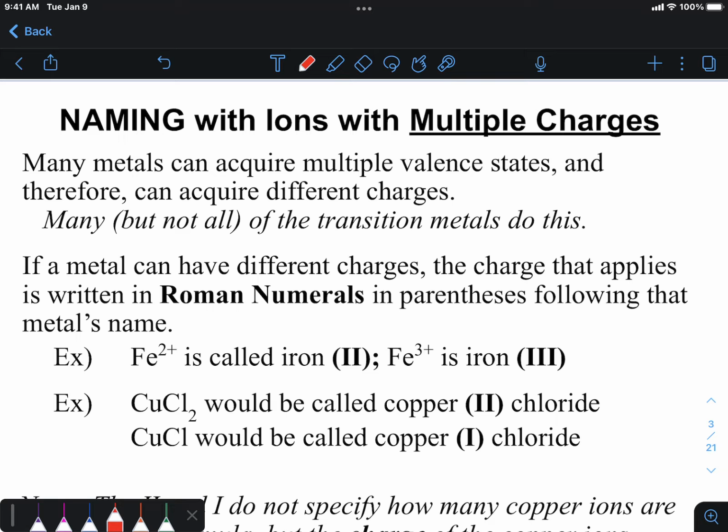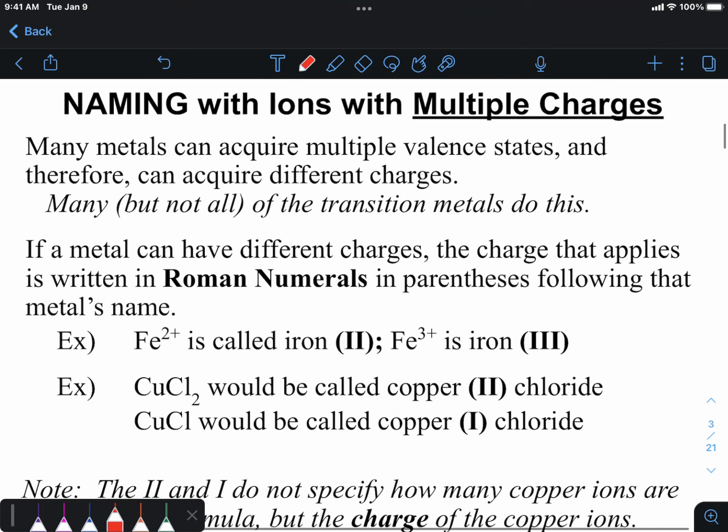Meaning they can lose 2 electrons or they can lose 3. They can lose 2 or they can lose 4. All right? And so that's why you see those metals with more than one charge listed. And that's fine, but the problem is when you're writing a name, you need to know which version of the metal is being used because it changes what the compound is. So, okay.